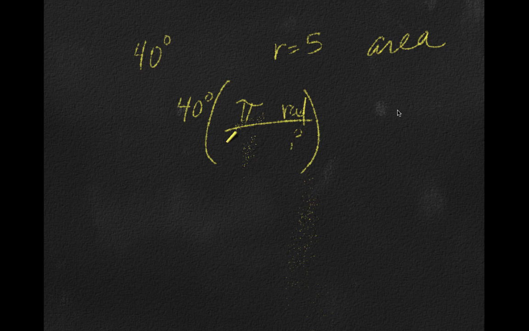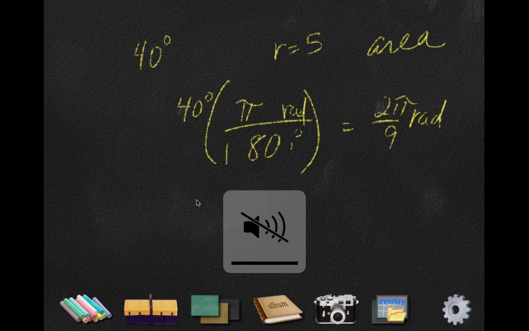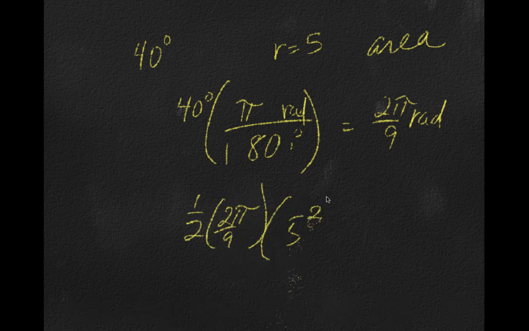I still end up with that 2 pi over 9 that I had before, radians. Now for the area, it's 1/2 theta r squared. So 1/2 times 2 pi over 9 times 5 squared, which gives 25 pi over 9 as the area of the sector.